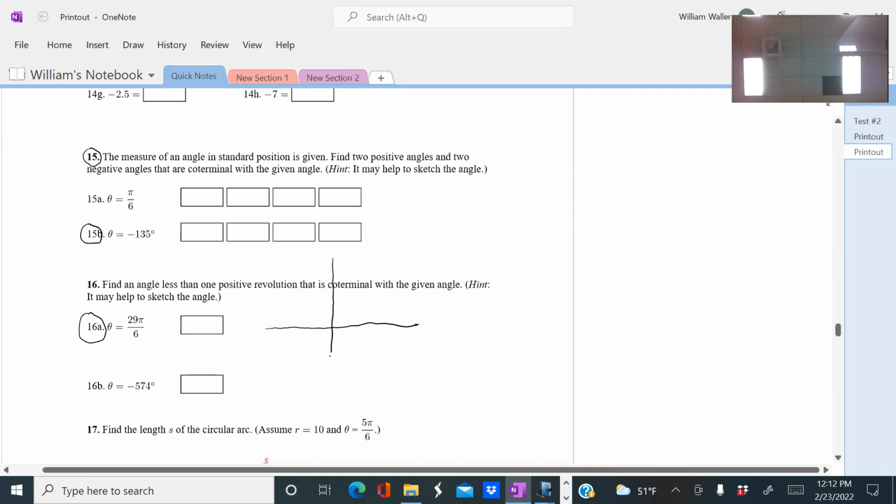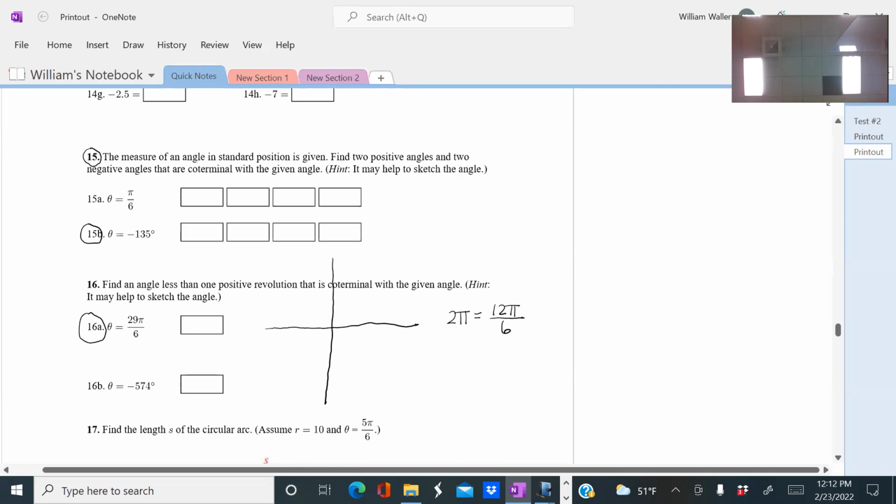What is 29 pi over 6, though? Wow, how big is that? How much is 2 pi in sixths? We just did that earlier, right? 2 pi is the same as how many pi over 6? 12.